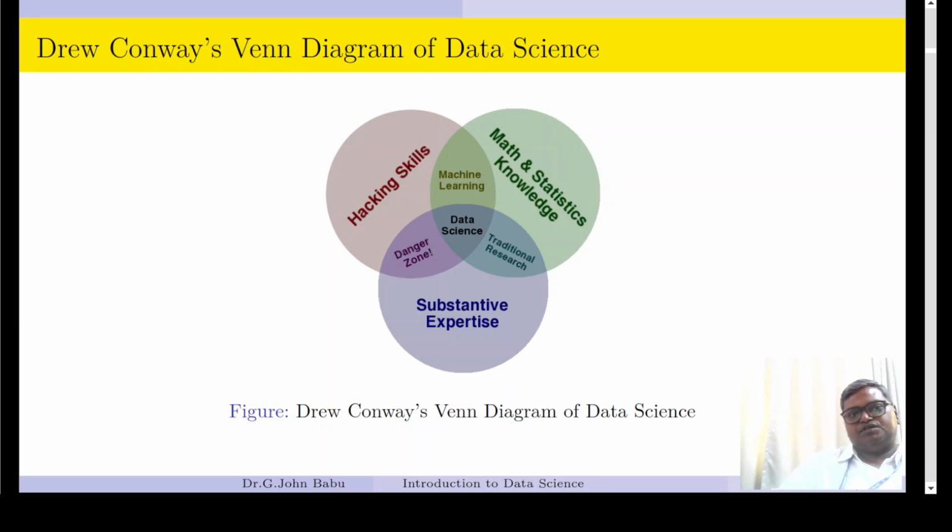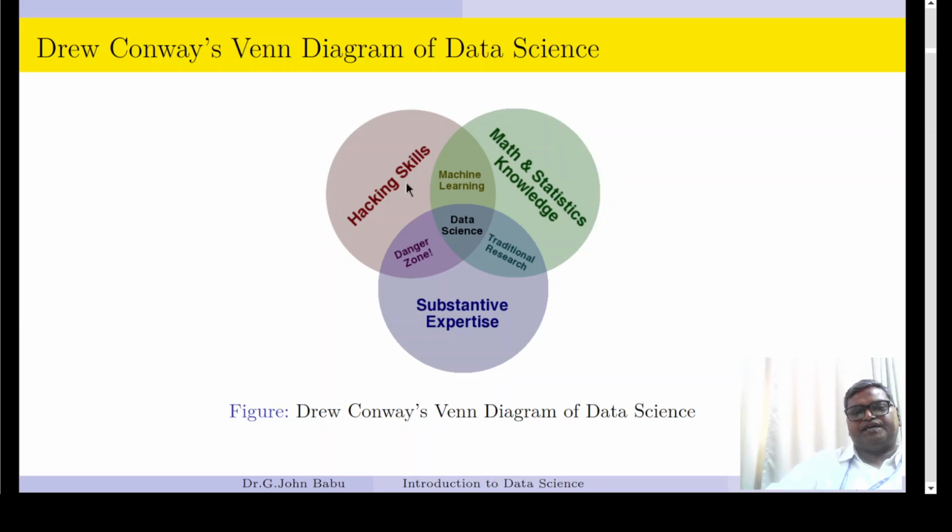Now, another one, Drew Conway's Venn diagram in data science. So this is simpler than the other one. Earlier people thought data science meant hacking skills. On the other hand, you need mathematics, statistics, and substantive expertise, domain expertise. So data science is a combination of all these three.